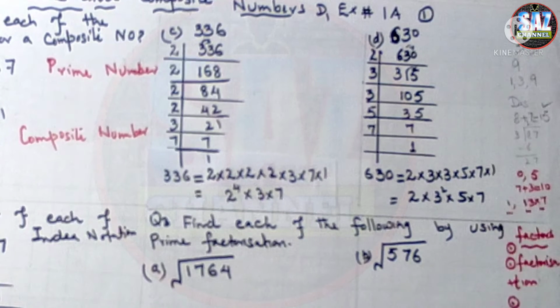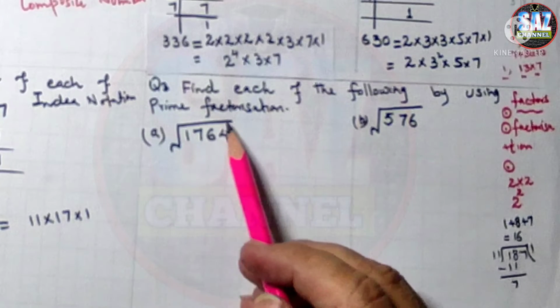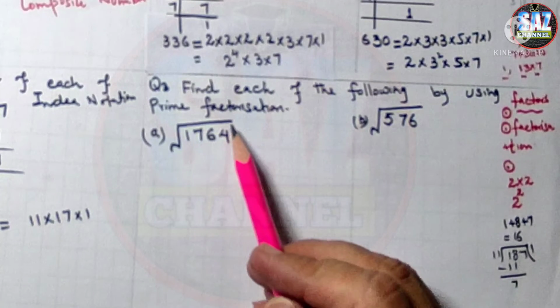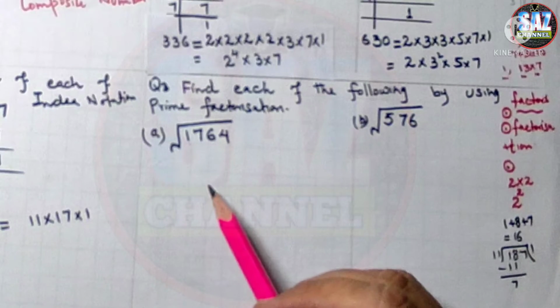Moving to the next question, it says find each of the following by using prime factorization. So the first part is to try to understand the meaning of this symbol, that we have to find the square root of 1764 by prime factorization.